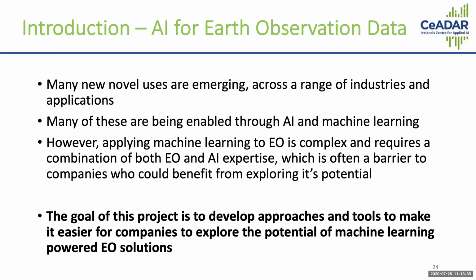But one of the problems as well is that applying machine learning to Earth observation is very complex, and it requires a combination of both knowledge of Earth observation data, sort of how to interpret that data, what that data means, and even down to maybe certain artifacts in the sensors that's gathering it, which has an impact on what the data means. So it's very specific to Earth observation area, and AI expertise.